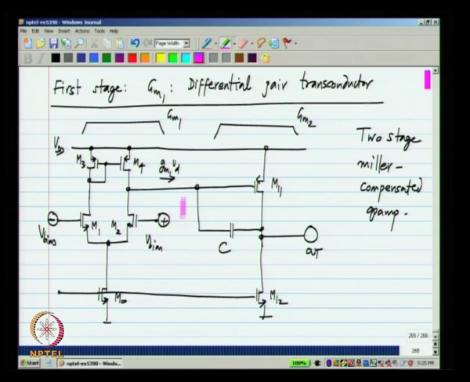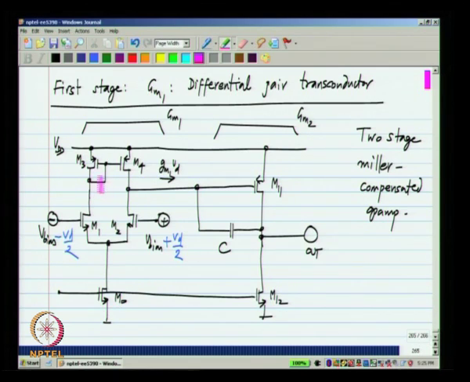So, the first thing we need to do is to simply identify the values of these different components C1, CL and C that we already know, GO1, GO2, etc. And also one more thing to keep in mind is that in this block diagram we have assumed GM1 to be an ideal transconductor. In reality, we know from our analysis of the simple differential pair, between the input voltages here, let us say I apply plus Vd by 2 and minus Vd by 2, and the output current that is coming out of the first stage transconductor, there is a pole and a 0, that is because of the mirroring.